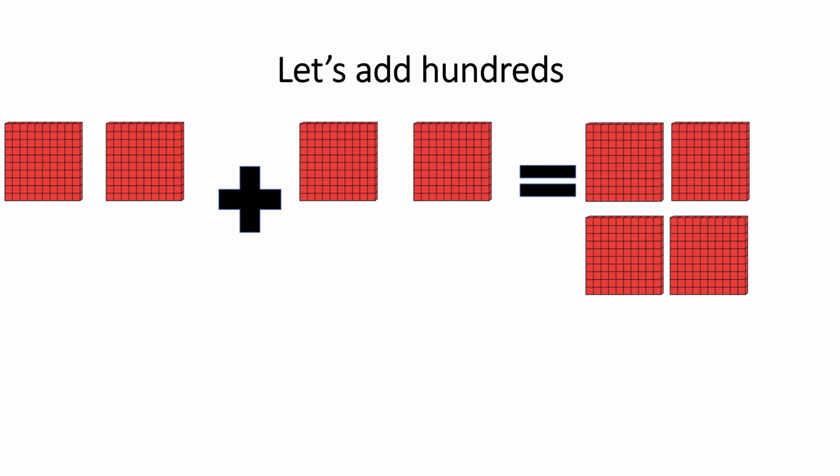Great job. Now let's add our hundreds together. 1, 2, 1, 2. 200 plus 200 equals 100, 200, 300, 400. 200 plus 200 equals 400.